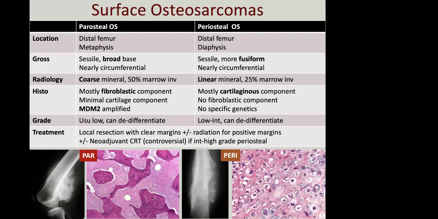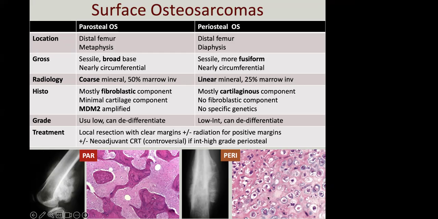Surface osteosarcomas are of parosteal or periosteal subtype. Both are located at the periphery, usually of the distal femur. One of them, parosteal, is a low-grade fibroblastic osteosarcoma that again has MDM2 amplification, so that can be helpful.